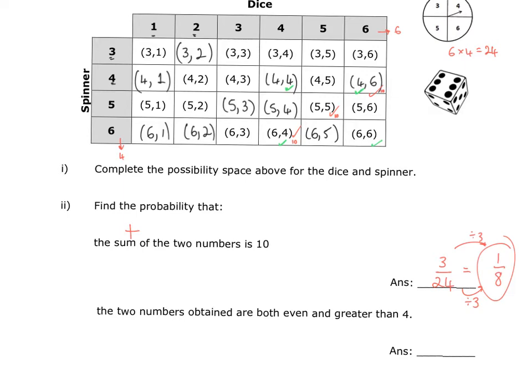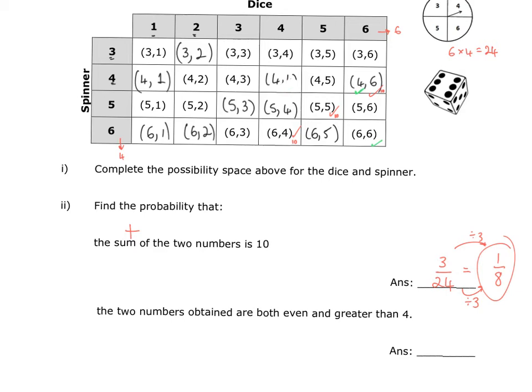And greater than 4. I think, no, that is a problem because they are not greater than 4. They are equal to 4. So I don't think we have to count those. So let me remove them.